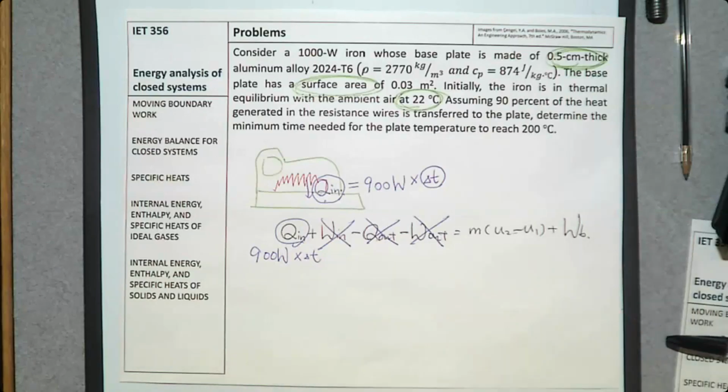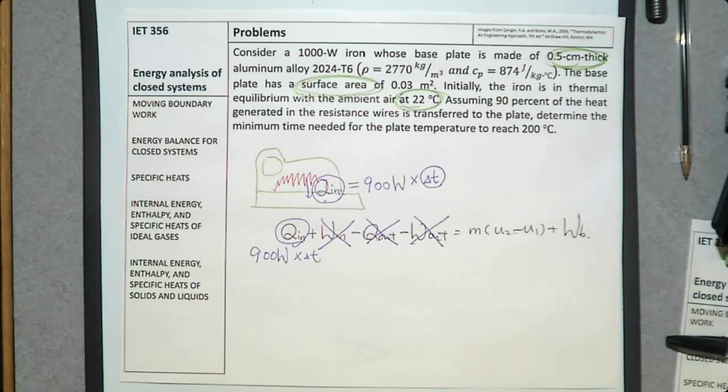What is the moving boundary work for the alumina block? What is the definition of moving boundary work? The work associated with volumetric change. So what is the volume change? So iron was this small, and after using it, it becomes this big?